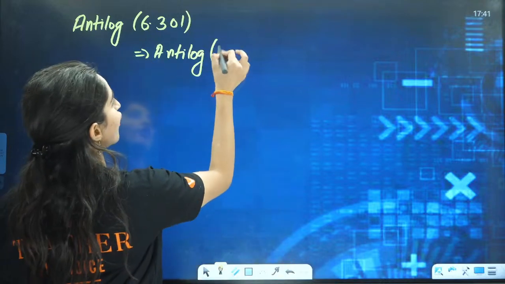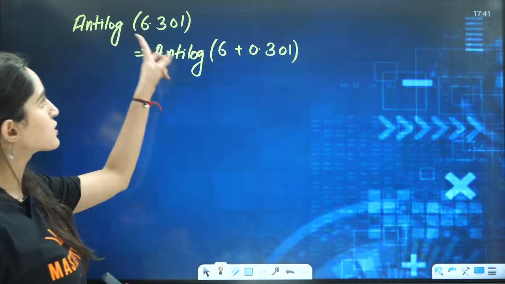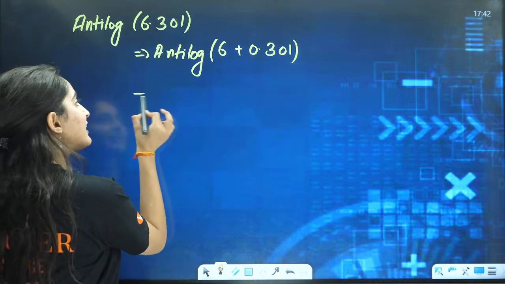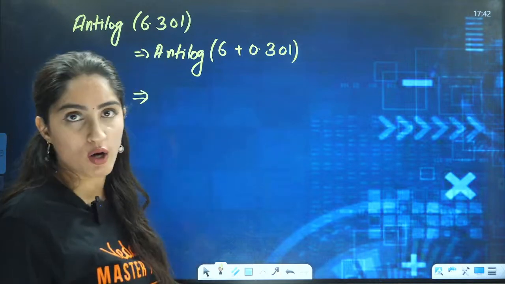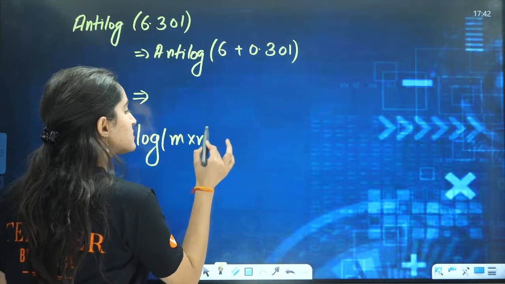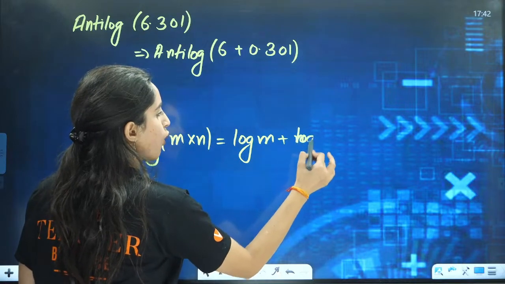So this is antilog of 6 plus 0.301. Can I say 6.301 is 6 plus 0.301? And antilog is completely opposite of log. In log, we used to say log of m into n is log m plus log n.